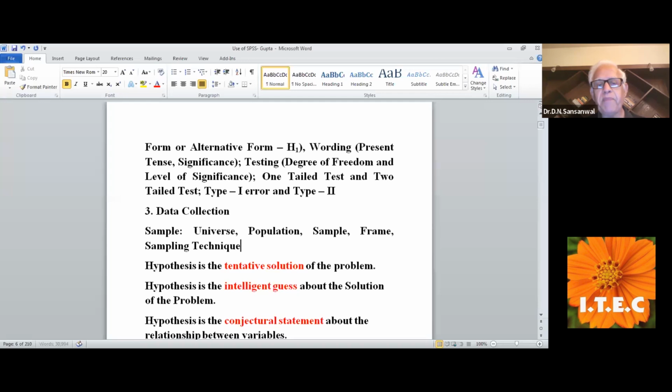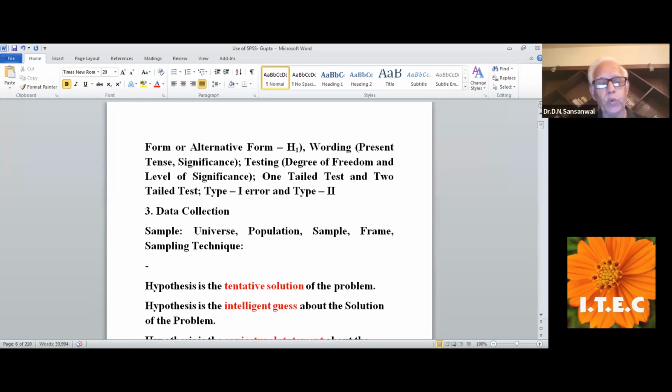And these sampling techniques are broadly classified under two.